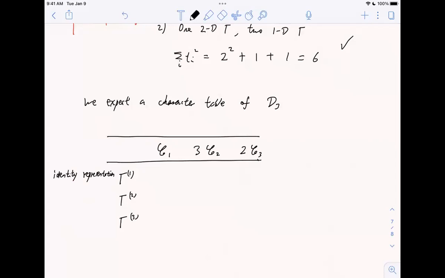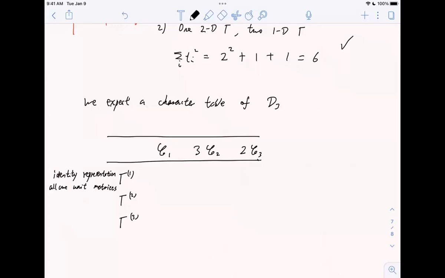What do you mean identity representation? It means you use unit matrices for all of them. Basically it means for all of these operations, it remains the same. Let's say you have a number.